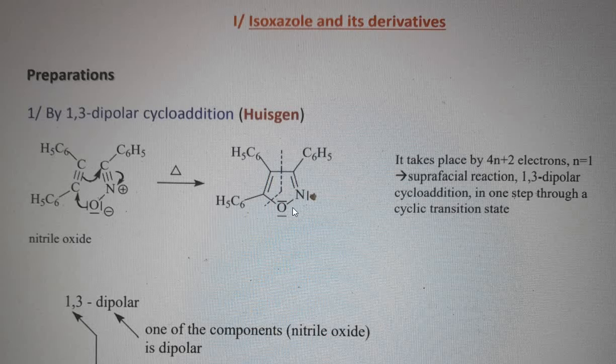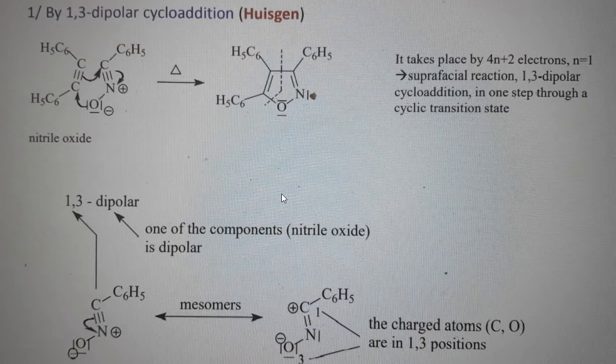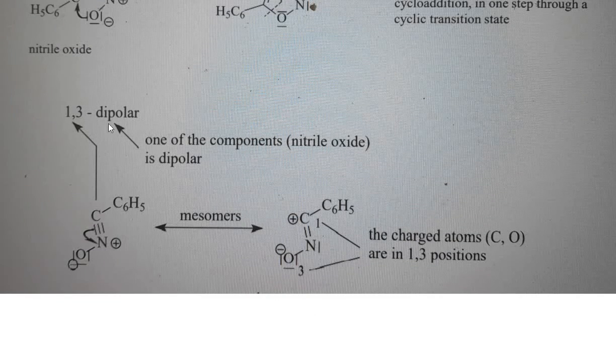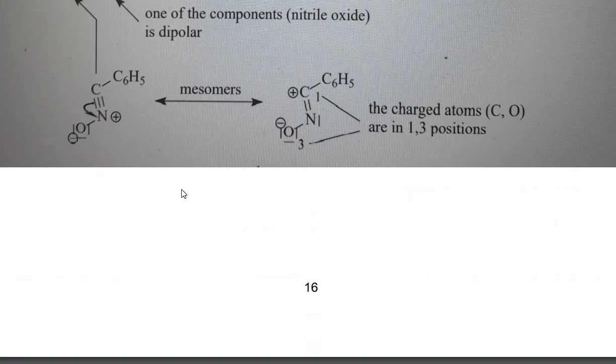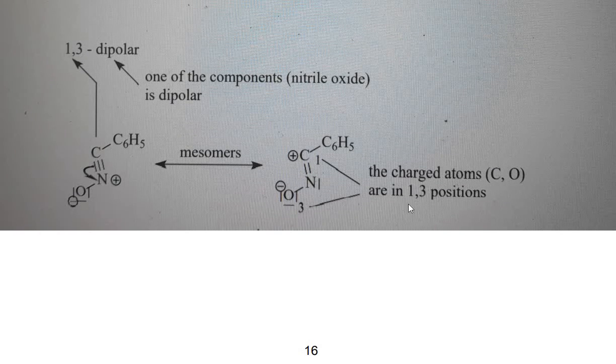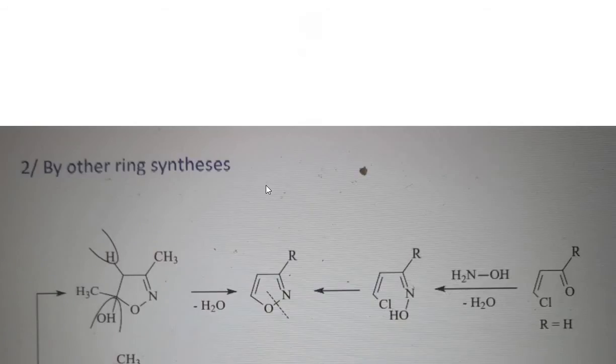After heating you will get these products. So in 1,3-dipolar cycloaddition, one of the components, the nitrile oxide, is dipolar. Dipolar means there is a positive and a negative charge, with charged atoms carbon and oxygen in the 1,3 positions. This is also in mesomers, this structure and this structure.